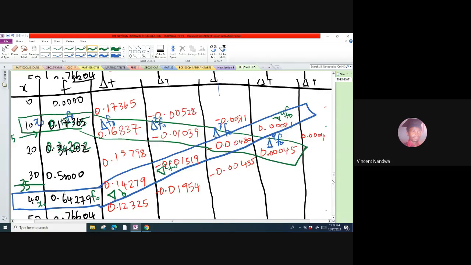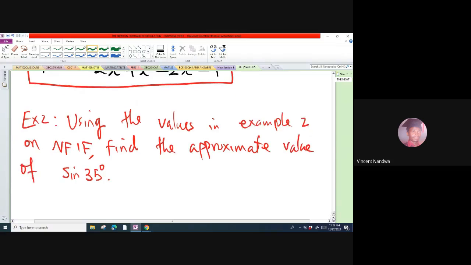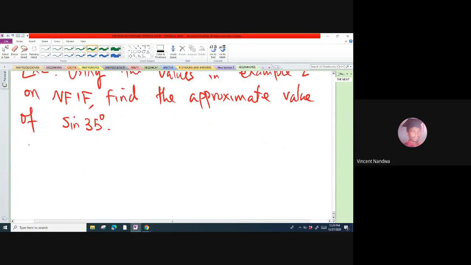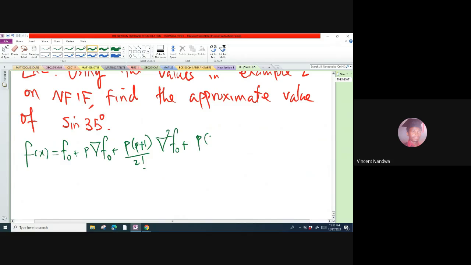So then let's write the formula. Remember that f of x is given by f naught plus p backward f naught plus p into p plus 1, plus p into p plus 1, p plus 2 over 3 factorial.